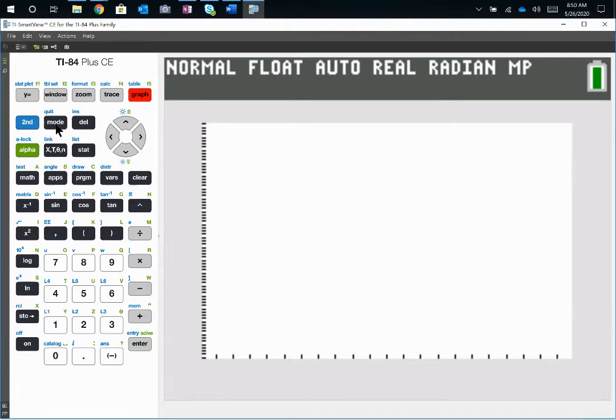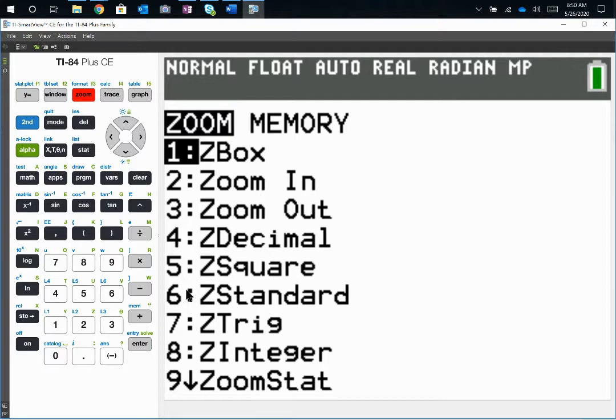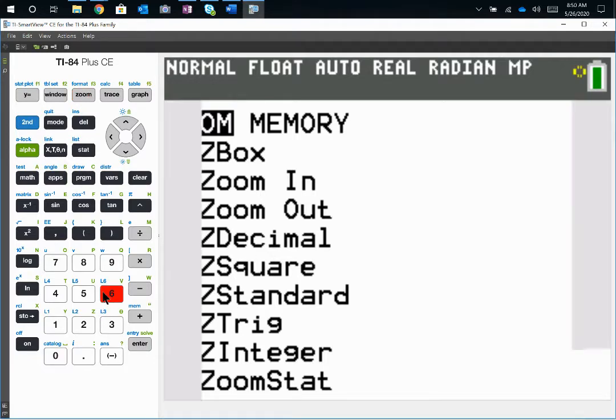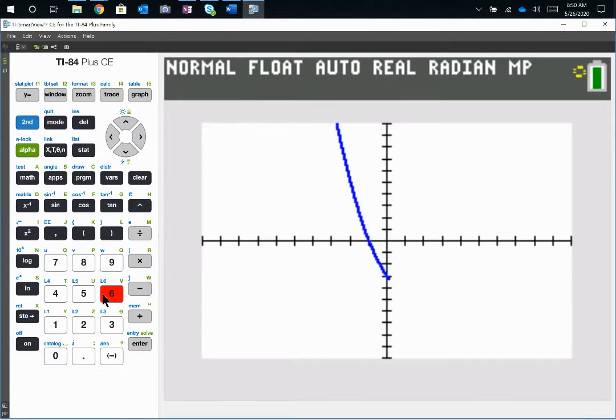In order to see the right window, we would press zoom and number 6, zoom standard. So zoom standard is the default setting, 10 points in each direction for the x and y axis. And there we see the graph with a minimum point at 1 and negative 4.